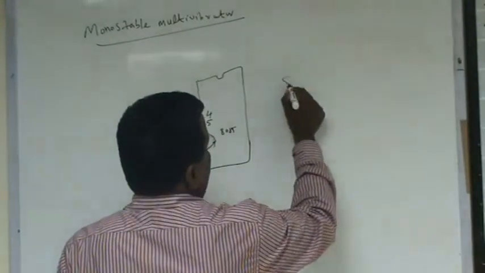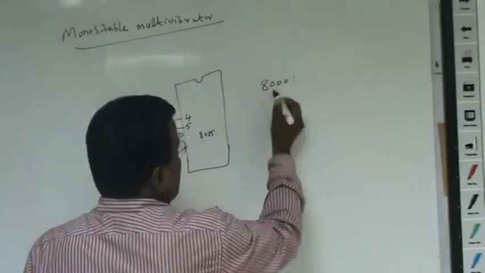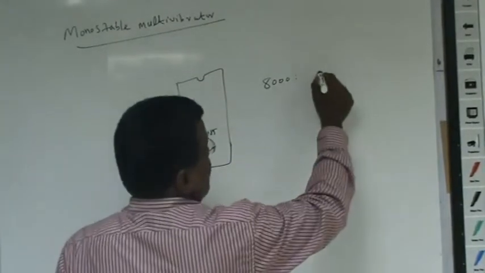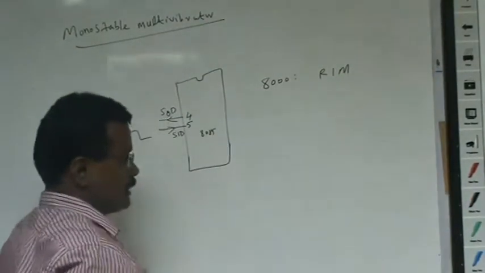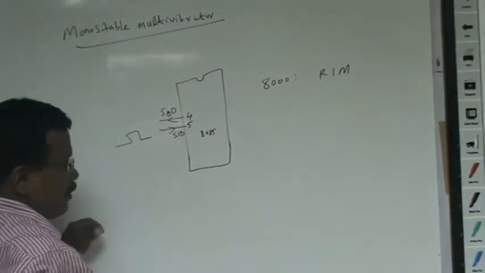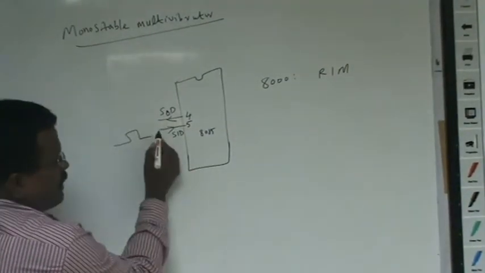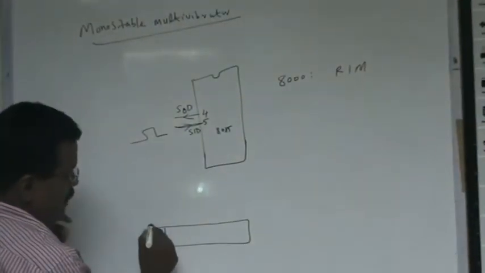See, we can write a program like this, starting at 8000. First I can read the status of this 5th pin, whether I am getting a trigger or not. So the instruction is RIM, read interrupt mask. What will happen is, once this instruction is executed, the input given to the pin will be written at the MSB of the accumulator.